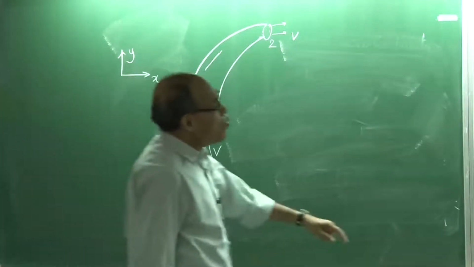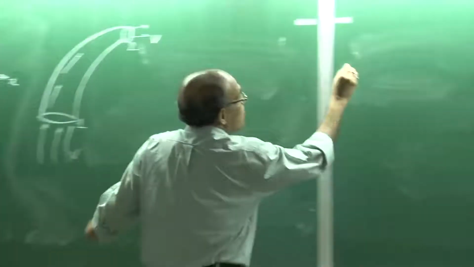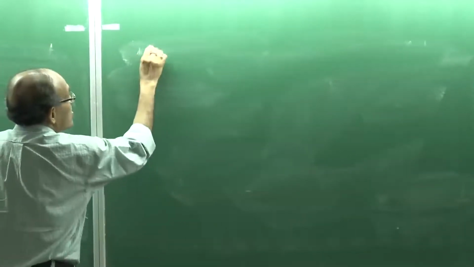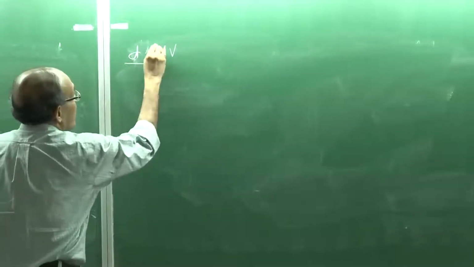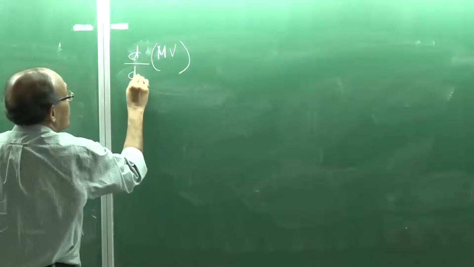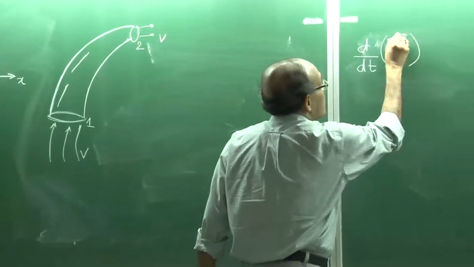Now, if you look at the conservation expression that I have written here, again considering steady state, momentum is mass, capital M, into velocity. It is a vector quantity. So, instead of capital N, I am going to write it accordingly, and this velocity is to be represented as the velocity vector.